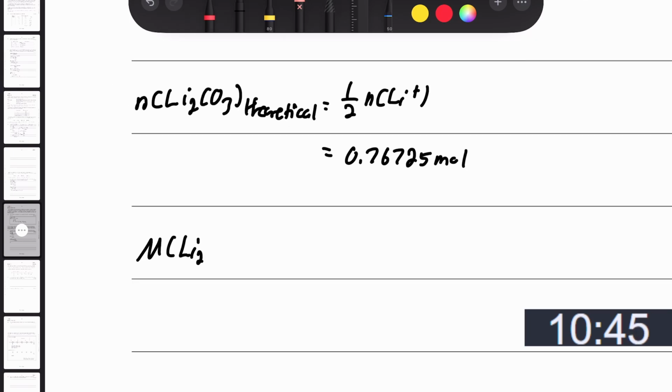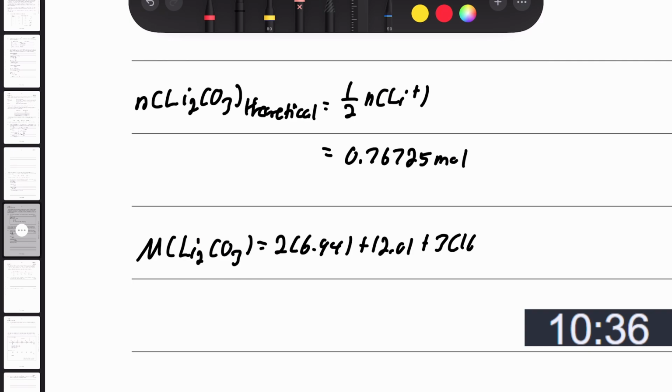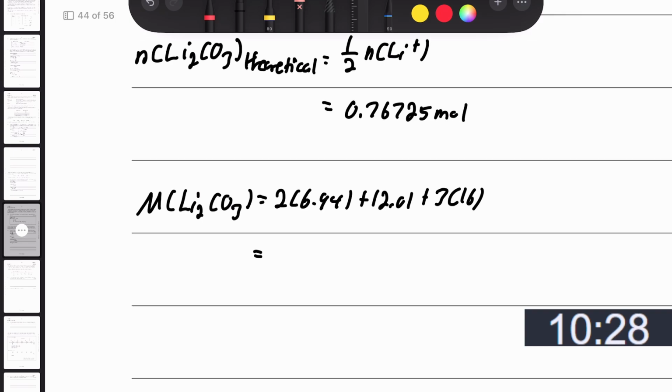Mass of Li2CO3 is going to be equal to 2 times 6.94 plus 12.01 plus 3 times 16, which is 73.89 grams per mole.